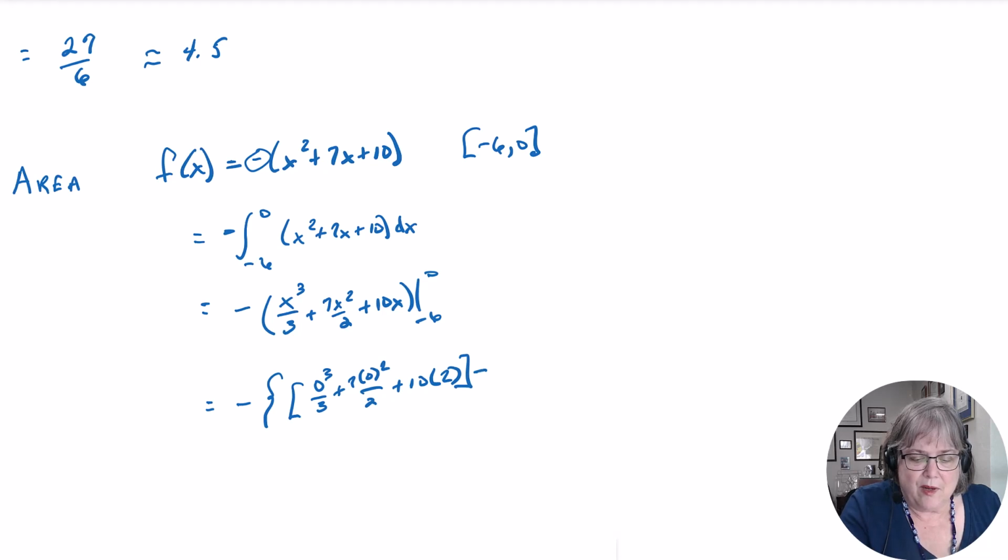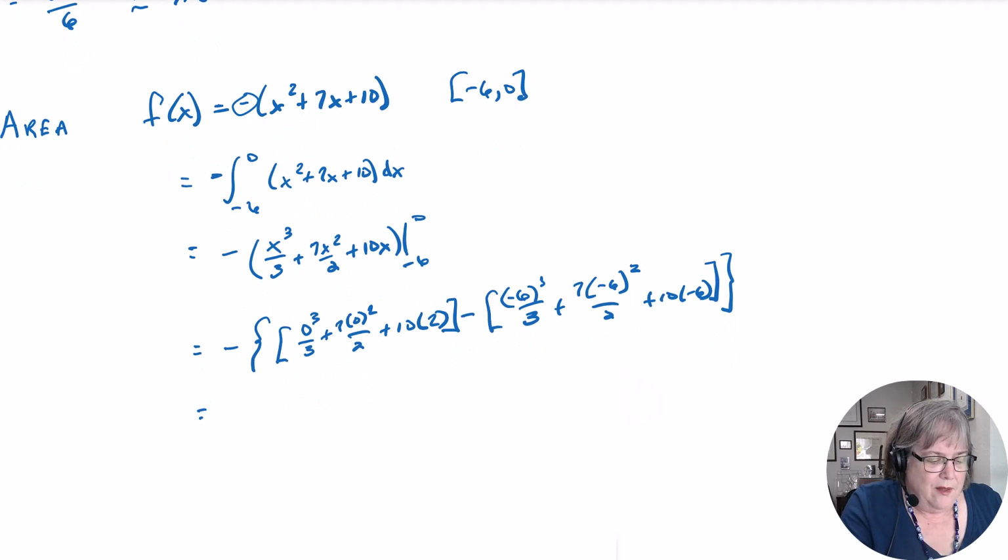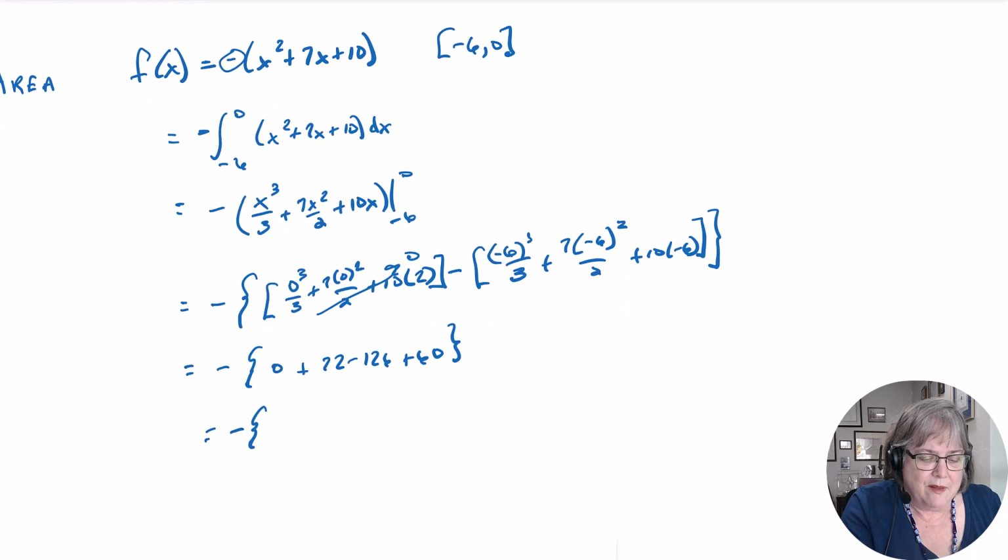And then you would subtract. And you would get, now all of this goes to 0. So then you would have the negative of, and you have 0 from the front piece, plus 72 minus 126 plus 60. And this turns out to be the negative of 6.